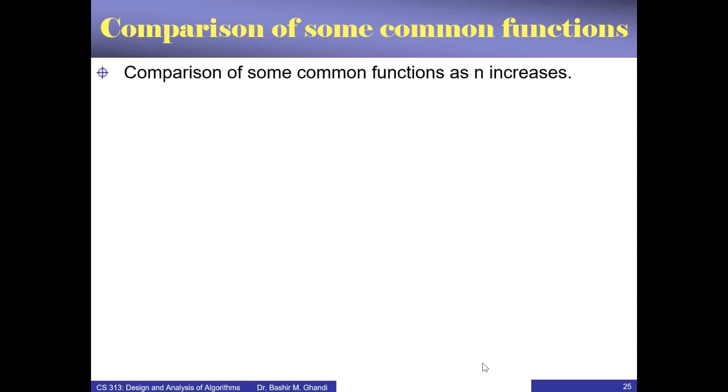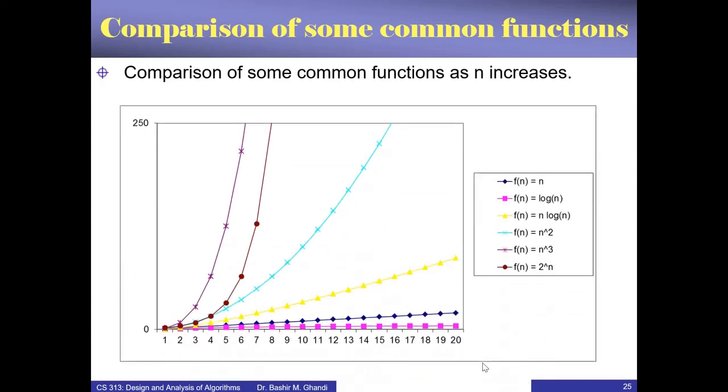So it says here comparison of some common functions as n increases. These are the common ones that you will normally see when you analyze algorithms. You could end up with log n, n log n, n squared, n cubed, or exponential, 2 to the power n.